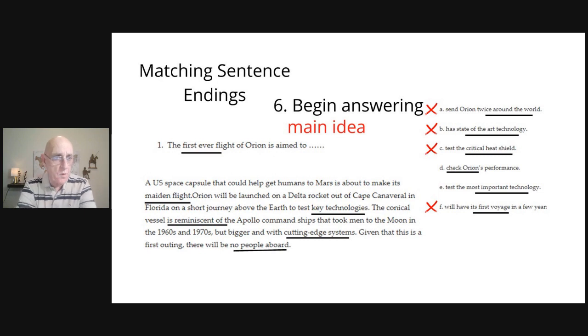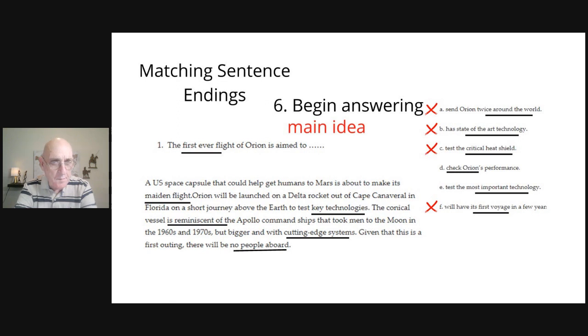Check Orion's performance? Well, that is a possibility, because generally speaking, this portion of the text is about something to do with performance. And so too is the same with E. E is also a possibility because it could be to test the most important technology.